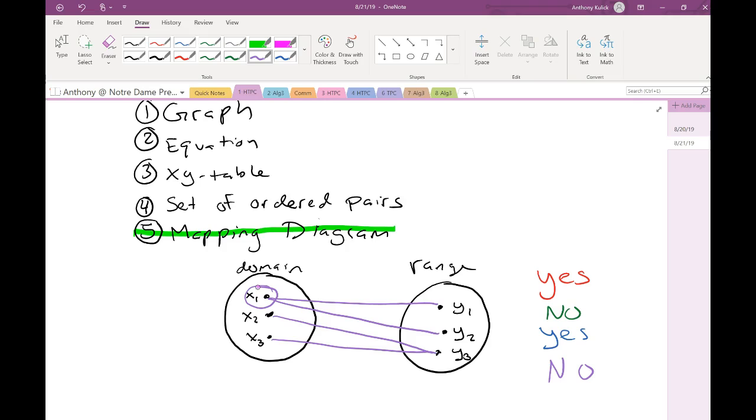Everybody feel okay about identifying whether a mapping diagram is representing a function or not? Yes. We've covered, I think, about all the different cases that you could have there.